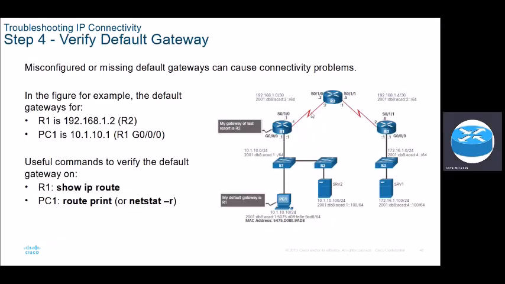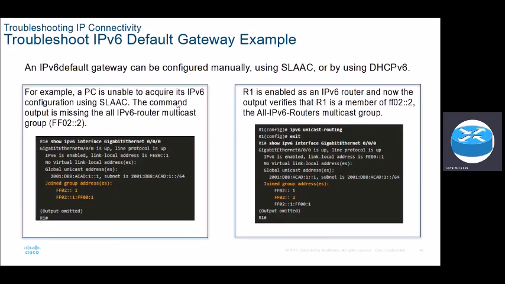Default gateway, of course, each host needs to have a gateway set that's on the same subnet as itself, because they can only talk to other hosts on the same subnet, normal host. So, of course, you need to make sure that that's correct, and of course, checking that they have connectivity to the gateway as well is another good piece of information.